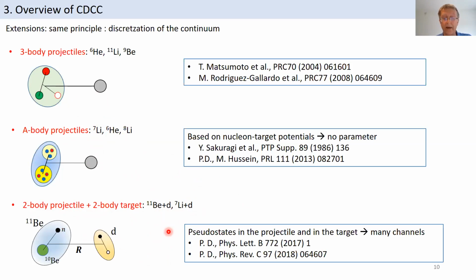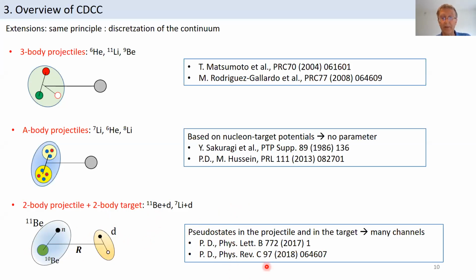If the projectile has a low breakup threshold, it's important to have this extension of the CDCC method. The problem here is that you have pseudo-states in the projectile and in the target, so the total number of channels is the product of these two numbers. You may end up with a rather large number of channels.